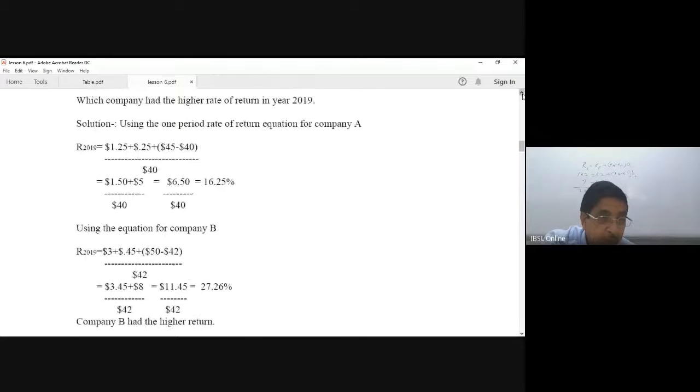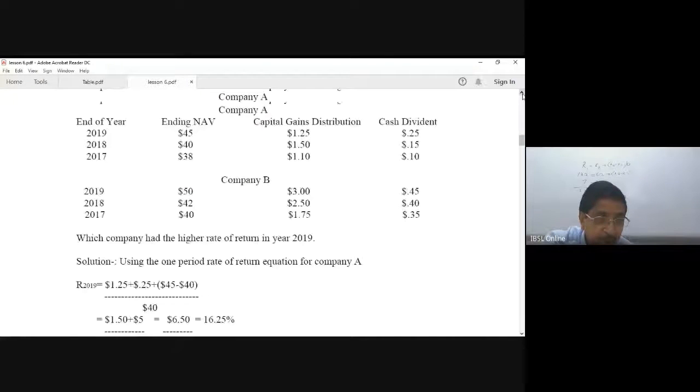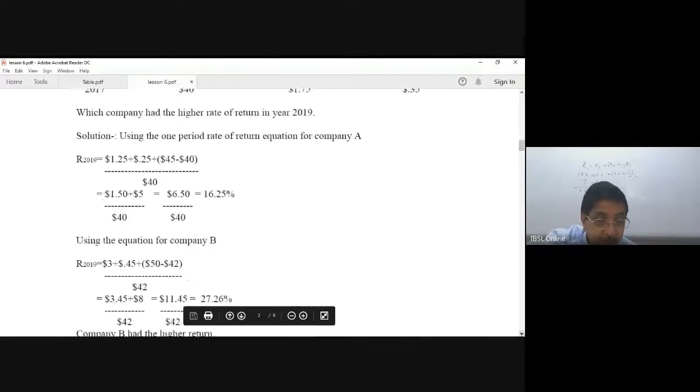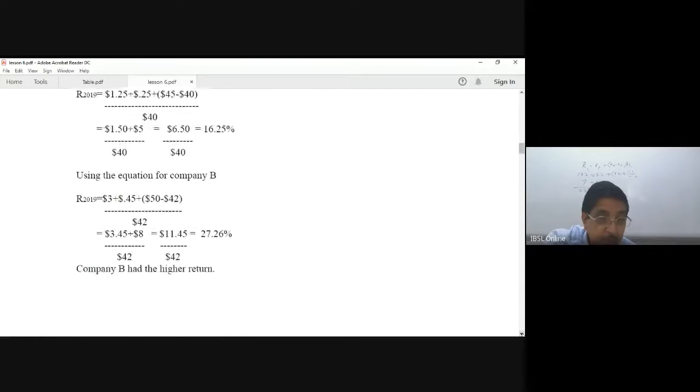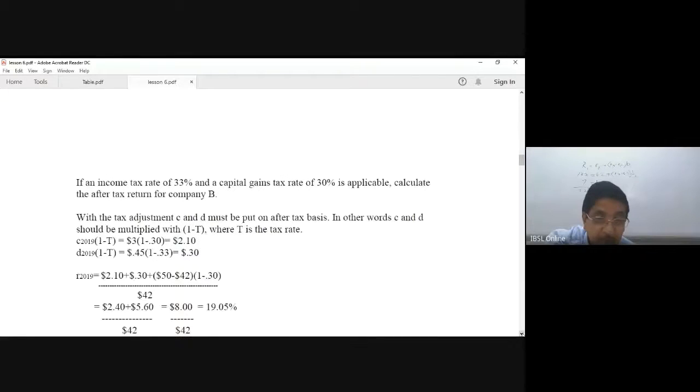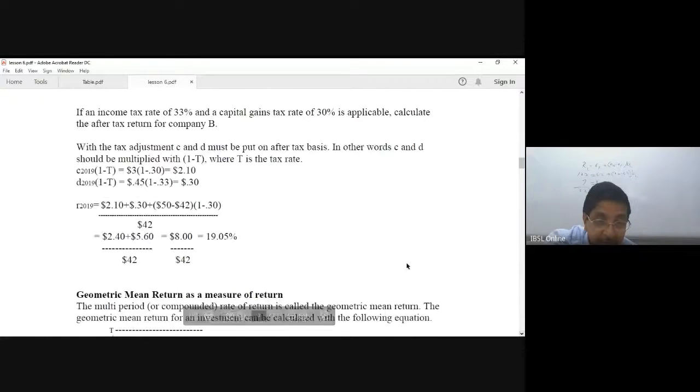Now, when you look at the net asset value and one period rate of return, they involve the application of tax. So that will give you a certain realistic analysis.